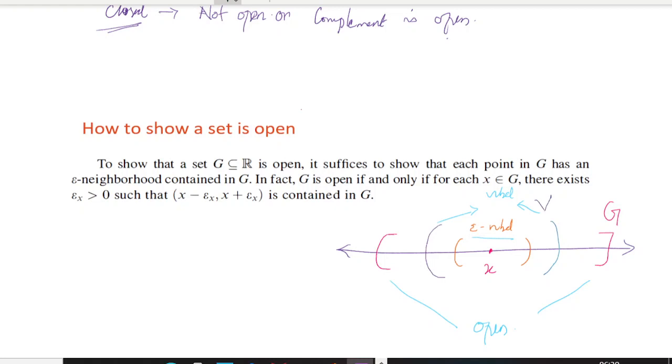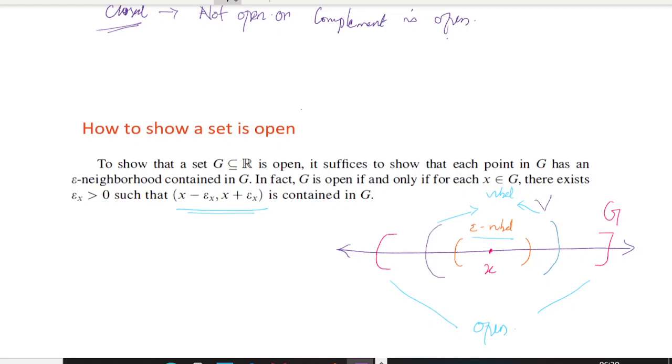So instead of saying G is an open set, it is enough to say that for each x belongs to G, we can find an epsilon neighborhood of x which is completely contained inside G. So this is nothing but the epsilon neighborhood, x minus epsilon x and x plus epsilon x, which is contained in G.